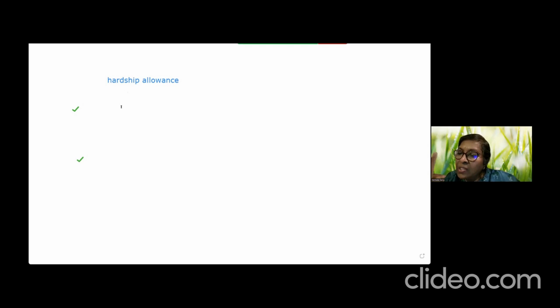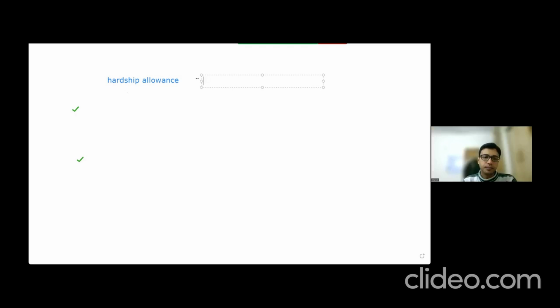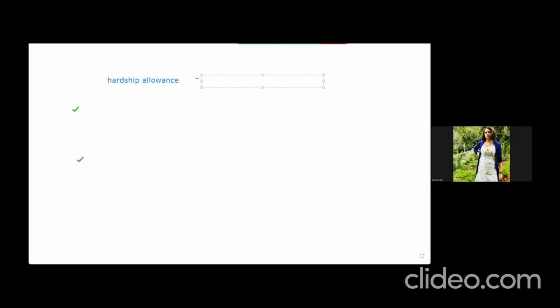Two people, call center employees, one works in the daytime, one works in the nighttime. They do the same job. Should he get something over and above because he's coming at night? Yes. So we give it as a night shift allowance, right?